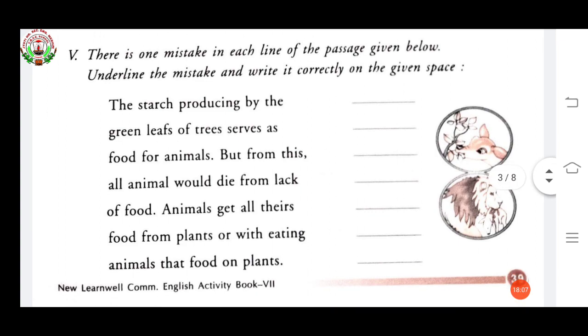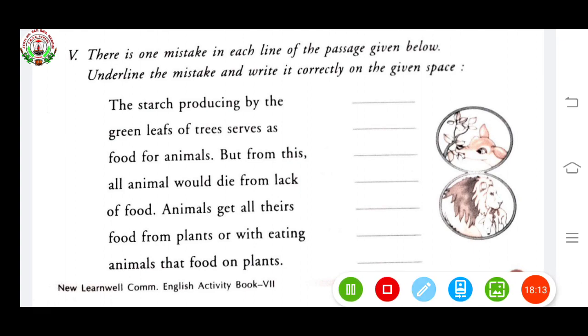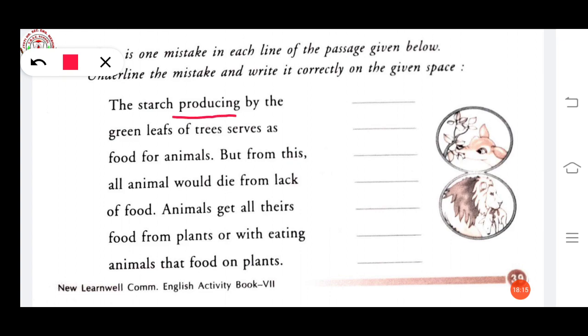Now see, the starch producing by the, here "producing". What is the mistake? Producing. In the place of producing, what do you have to write? Produced. P-R-O-D-U-C-E-D. Produced. Okay? Here the writing is not clear, but you have to understand.